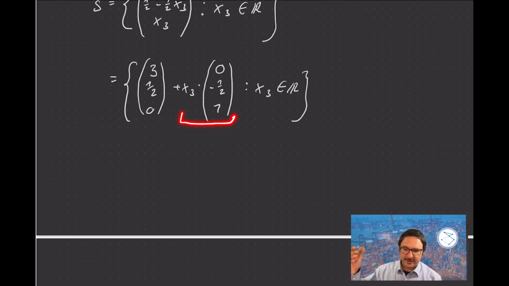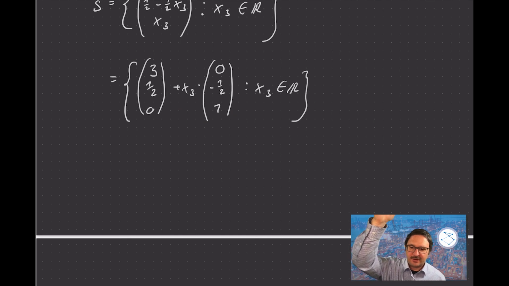So we have a point we start at, and we add some scaled version of a vector, so we can go into this direction any distance we want. So what we get here is a line in 3D space. It goes through this first point and has this direction here.